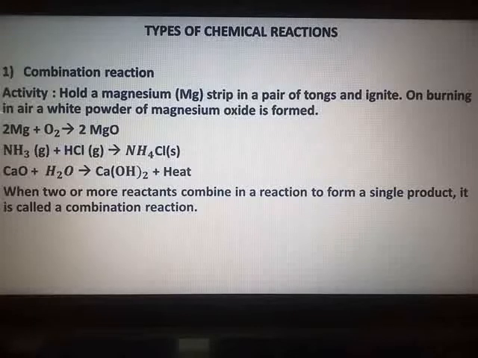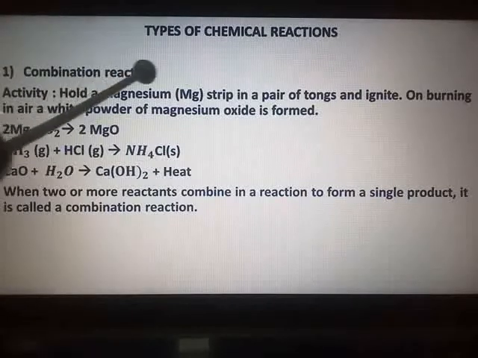Now, what are the likely types of questions which can be asked here in the board exam? One is a direct question. Define combination reaction, giving any one example. There you will define and you will give any one example along with the explanation. If you are giving the first example, then you will write magnesium ribbon.